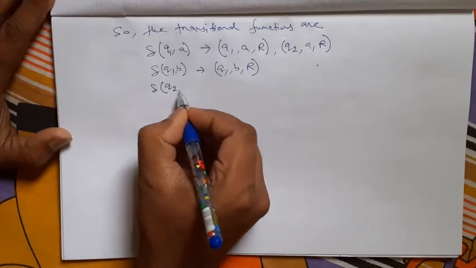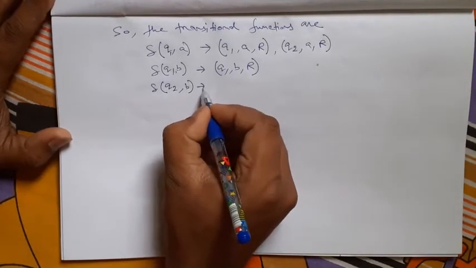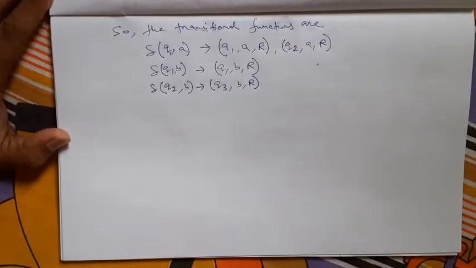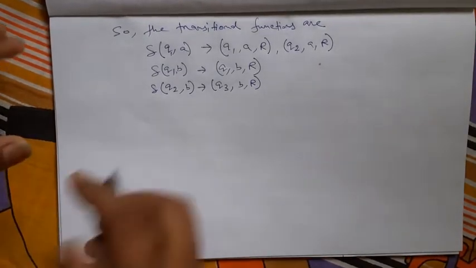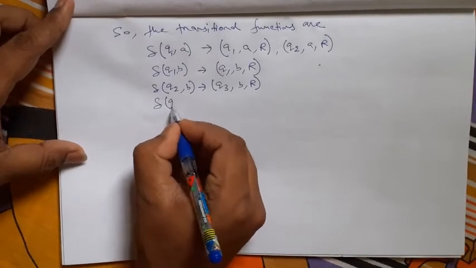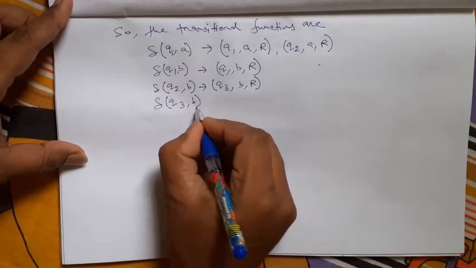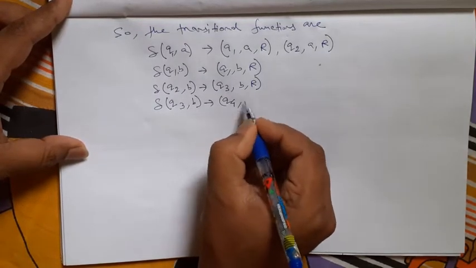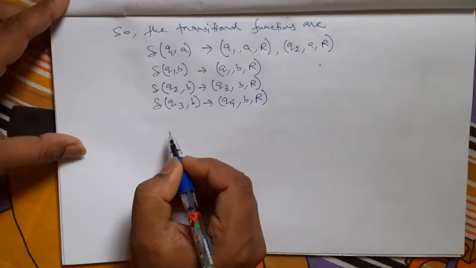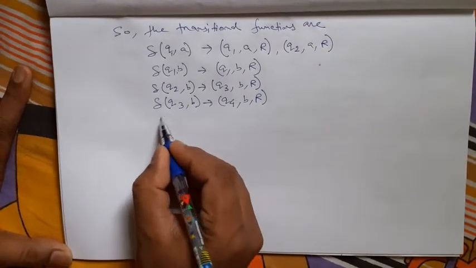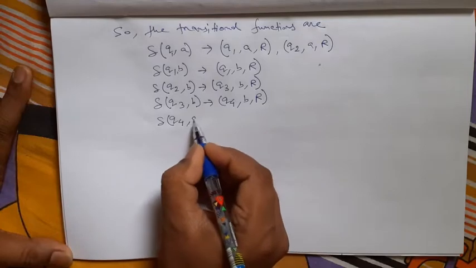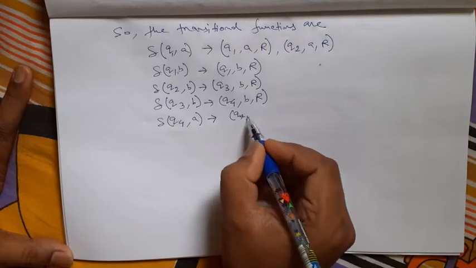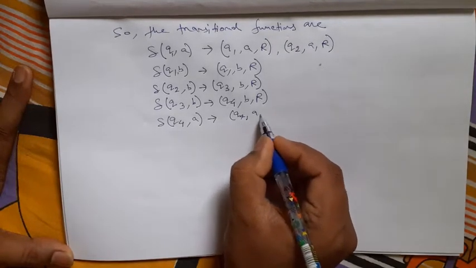Delta of q2 comma b is q3 comma b comma R. Delta of q3 comma b may go to q4, b, R. Delta of q4 comma a is q4 comma a comma R, and likewise for b.